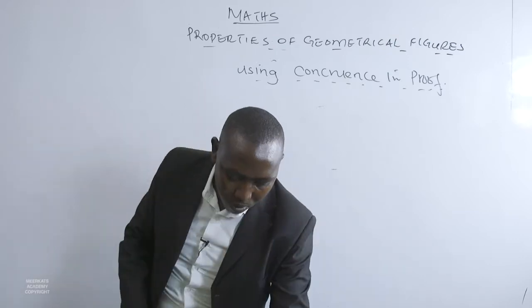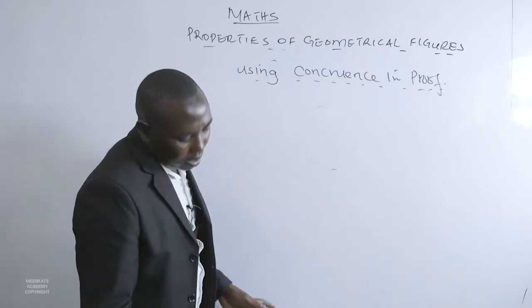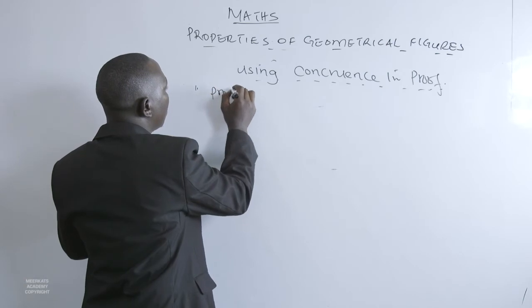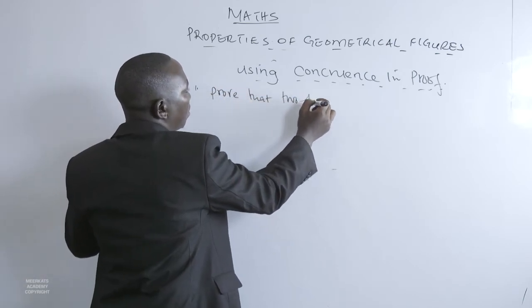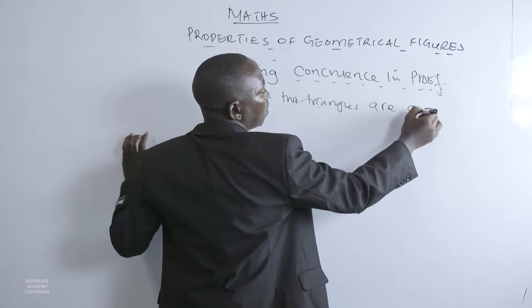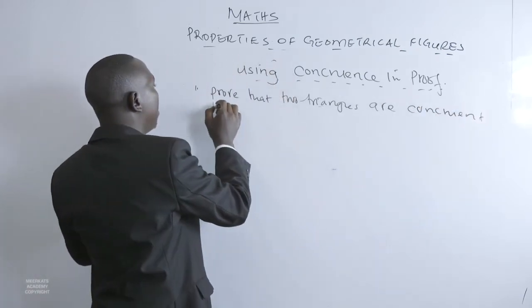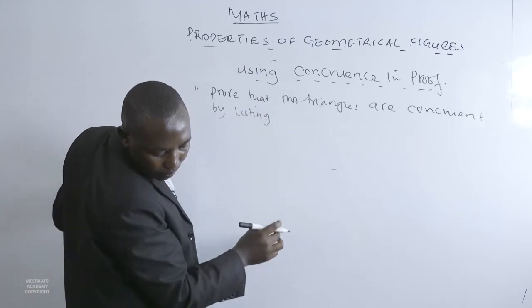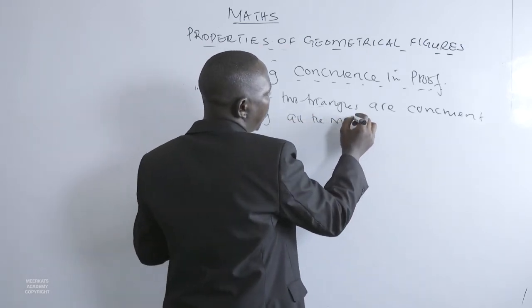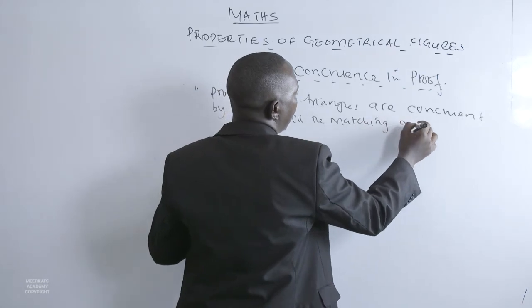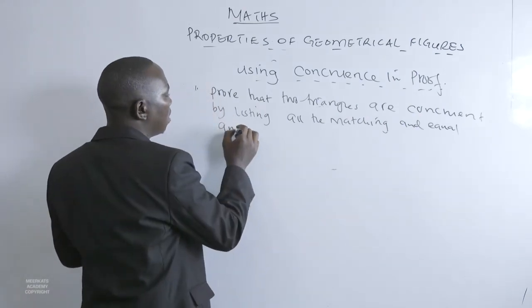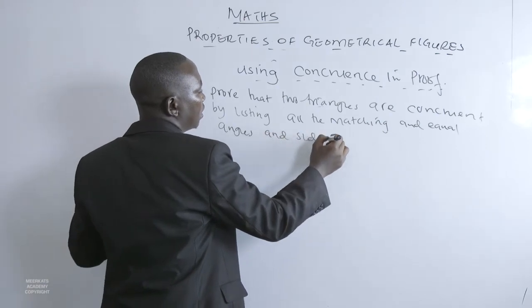So there are points here we want to note. One is that you prove that two triangles are congruent by listing all the matching and equal angles and sides.